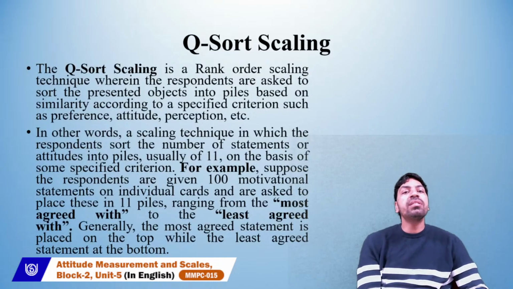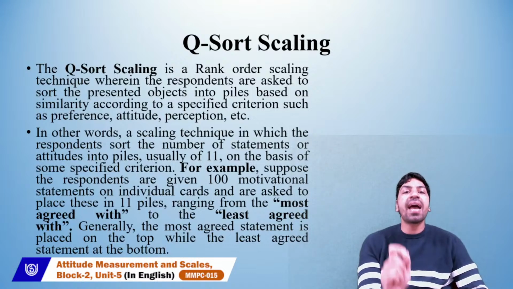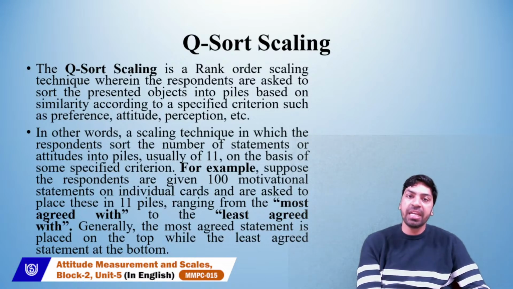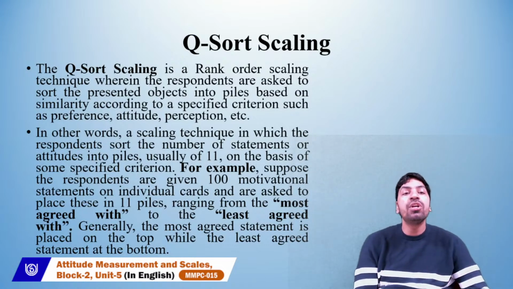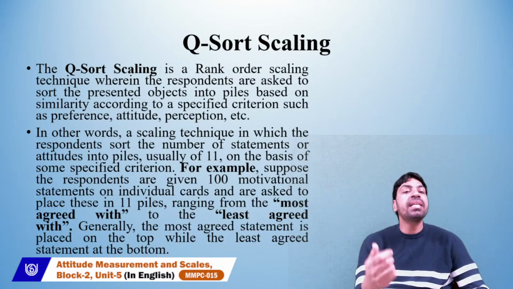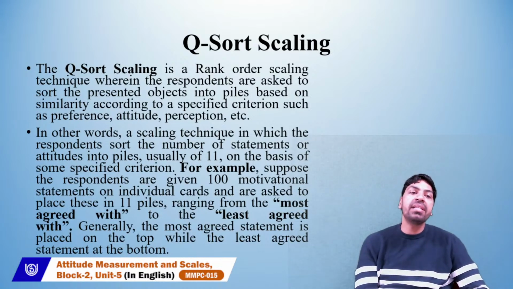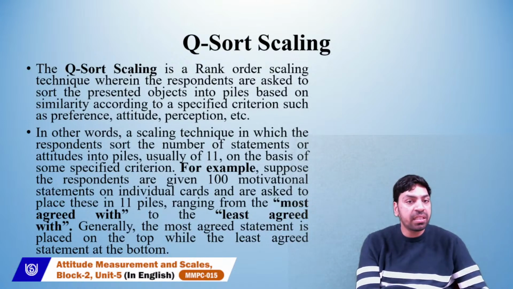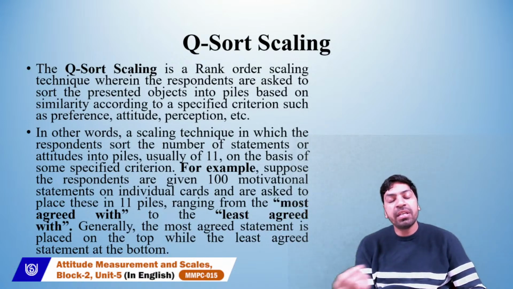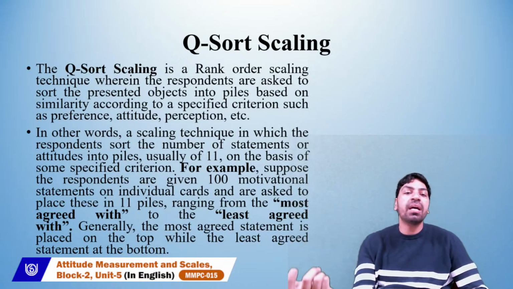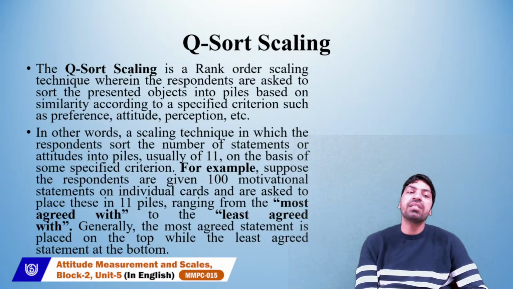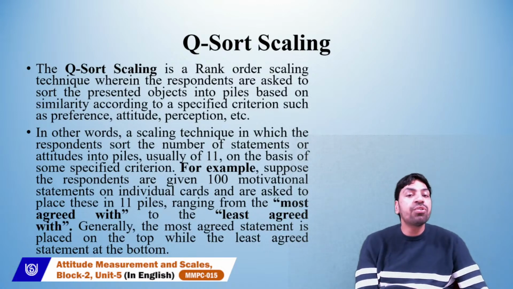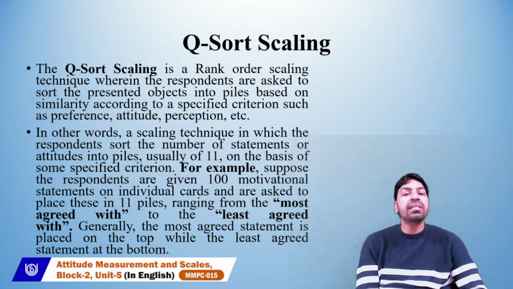The next one is Q-sort scaling. Q-sort scaling is a rank order scaling technique where the respondents are asked to sort the presented objects into piles based on their similarity, using specific criteria such as preferences, attitudes, perceptions. Let's take an example.